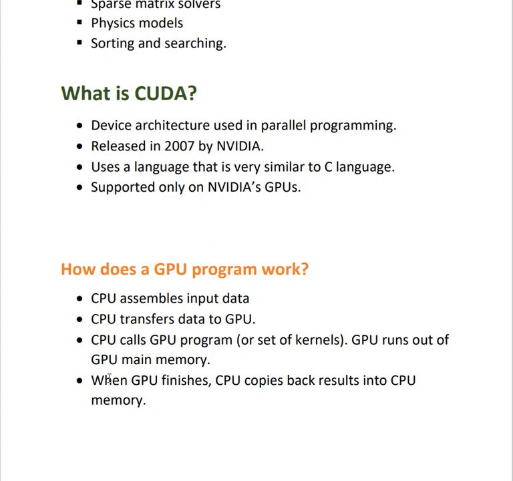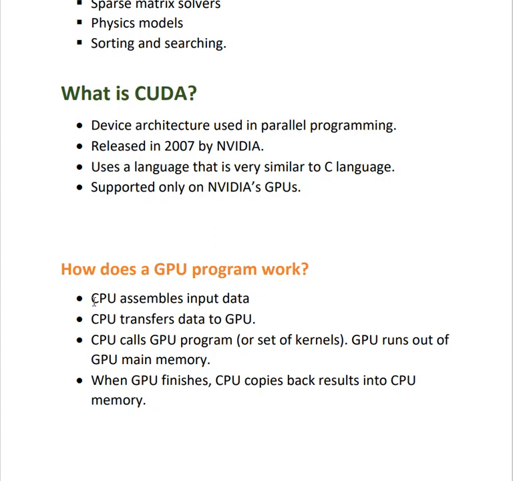Next we'll see how a GPU program works. The main thing is that a GPU cannot handle the program on its own. It needs the support of the CPU, so the CPU and GPU work hand in hand in this process.